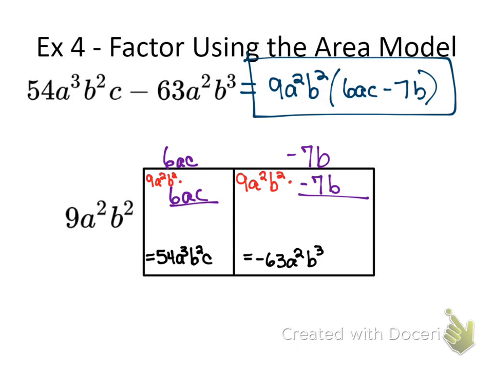Now, I know you guys know that this number represents the height of my area model, but this number is actually the what of these two terms? We found it on the previous example. I forgot what it is called. It was our first lesson, second lesson that we learned last week. It's the greatest common factor. Good.